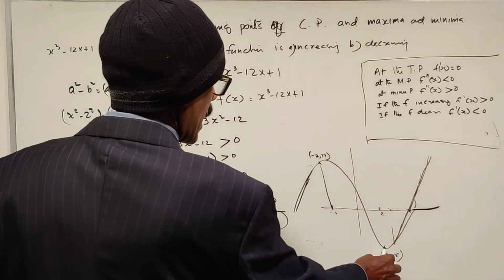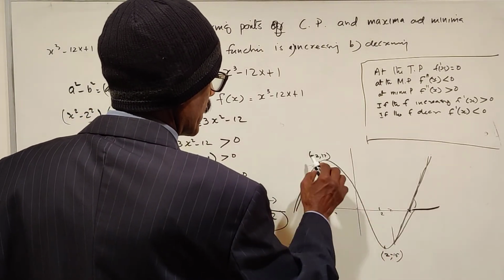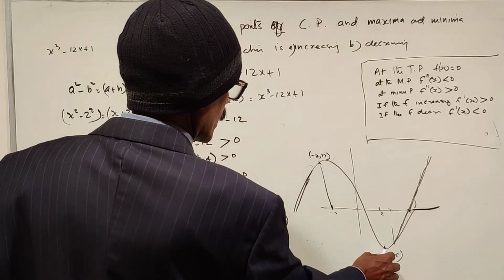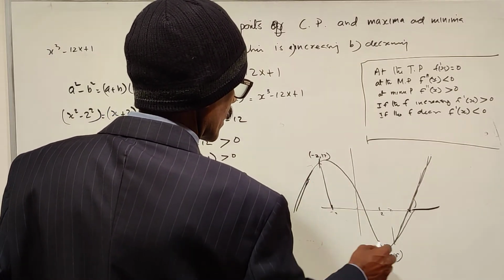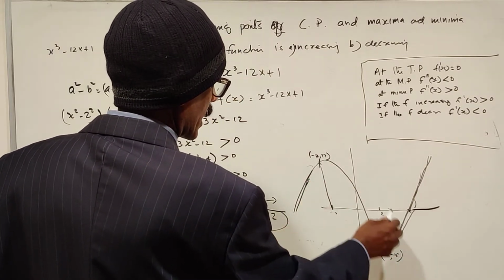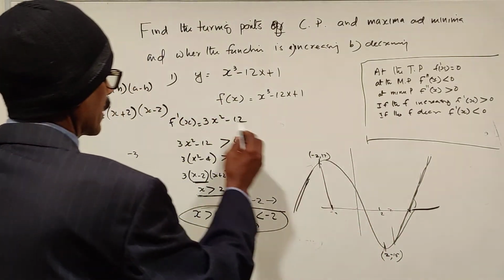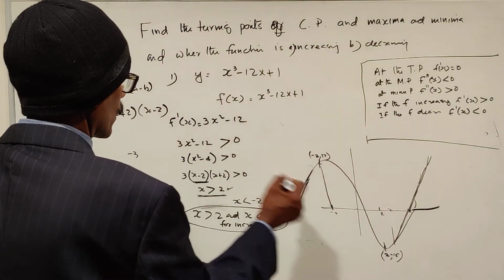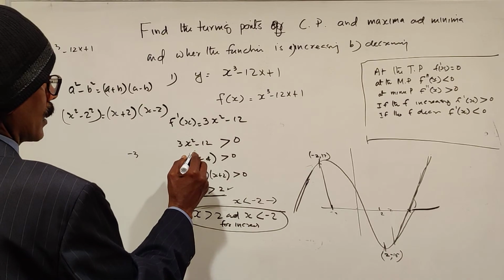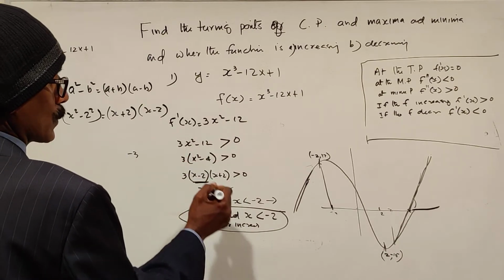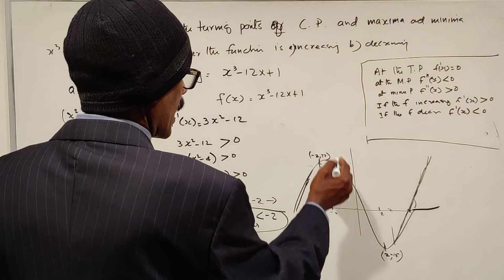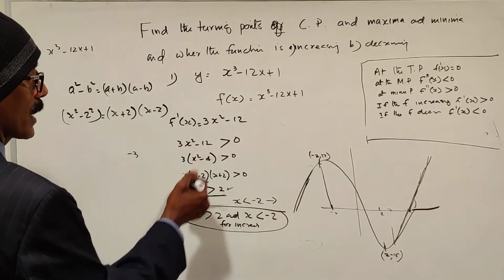Okay, next, what happened in between these two values, negative 2 and 2? See, we can put 0 here. 0 in between. 0 is negative. So in between any value, negative 1, that is also negative.